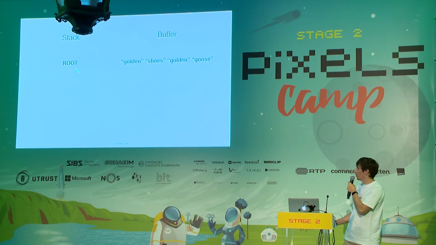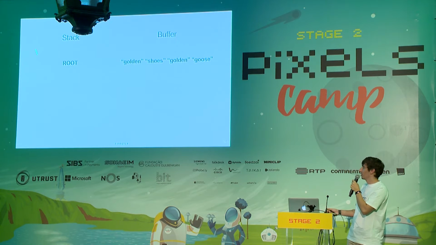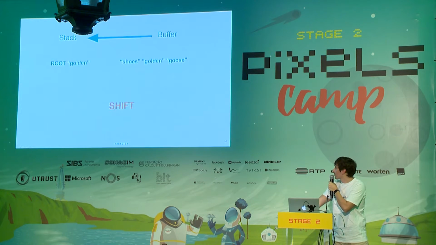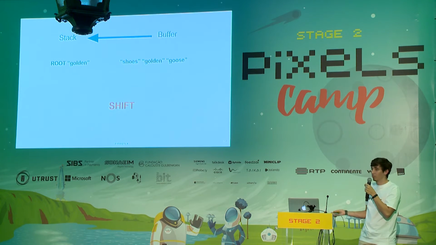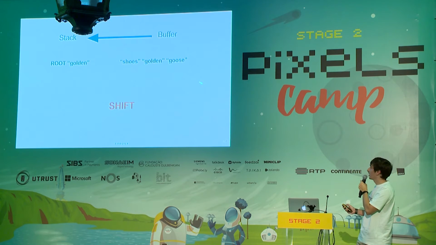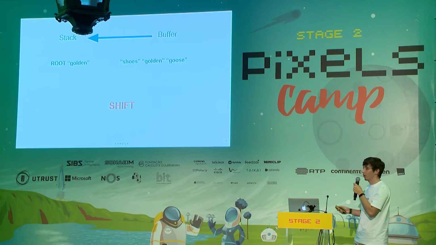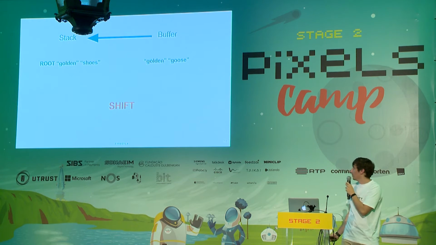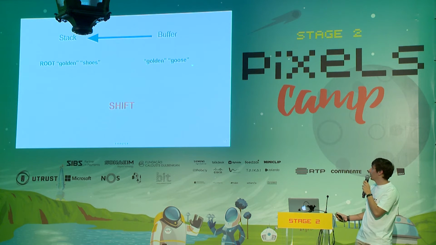And then you have a root, which says basically nothing. It's the root of the sentence. Each operation moves something either from the buffer or the stack, or makes a word disappear. So the first operation is a shift. You pass the word from the buffer to your stack. Then you perform another shift. So you pass again the word from the buffer to the stack.